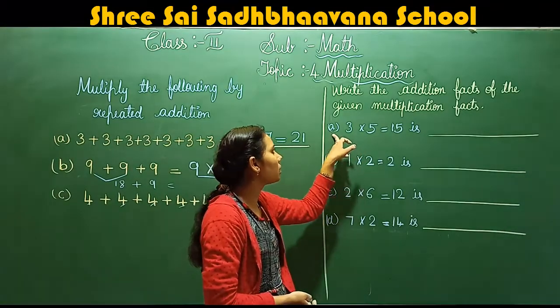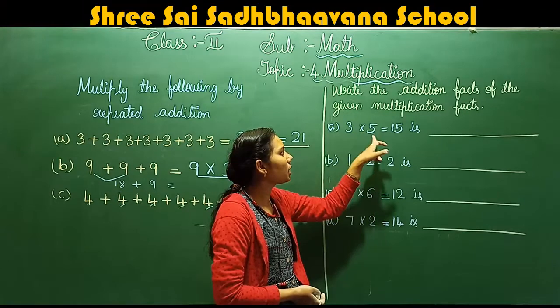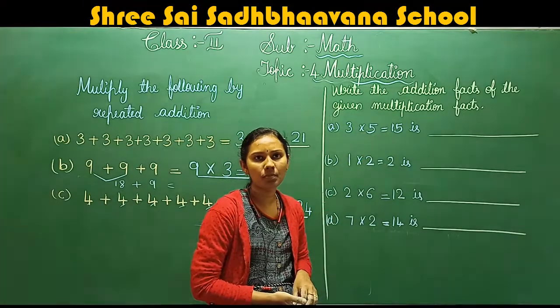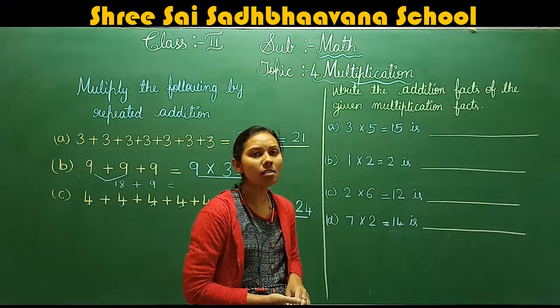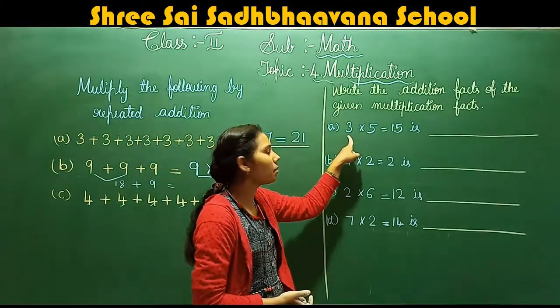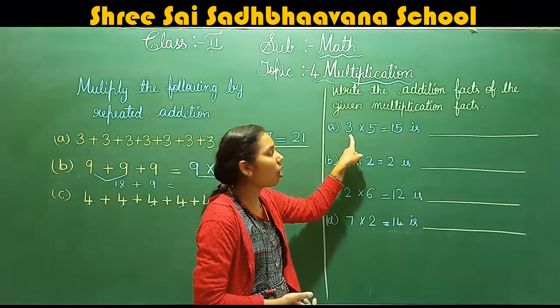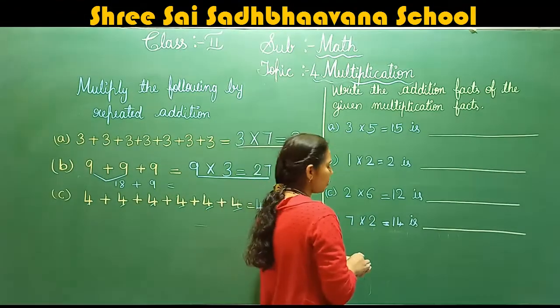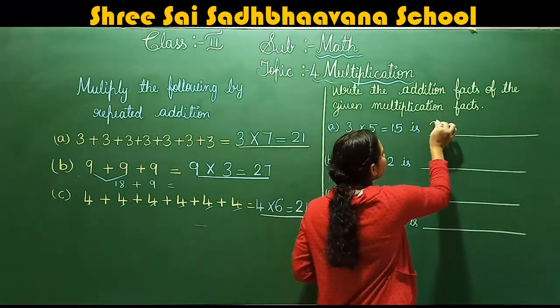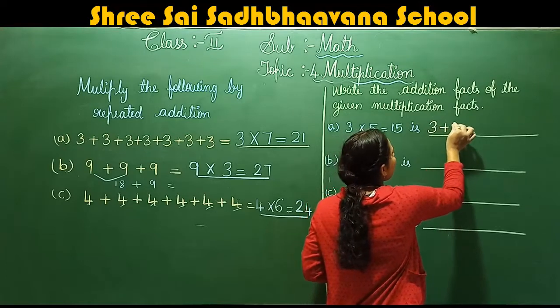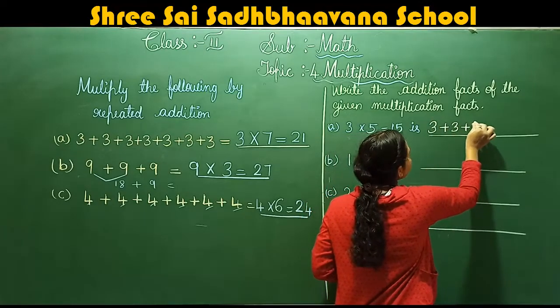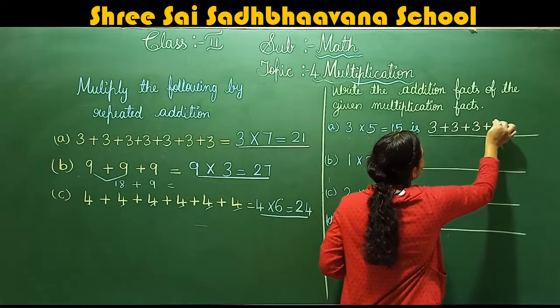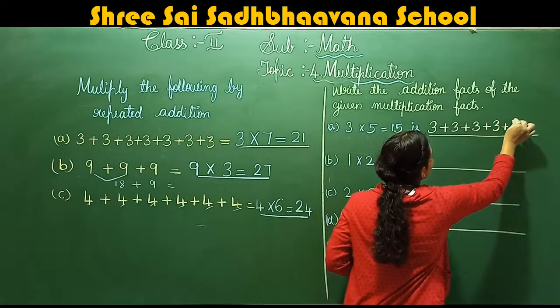Can you see the number here? That is A question. 3 fives are 15. So what number? 3. How many times is it repeated? 5 times. So we are going to write here 3 plus 3 plus 3 plus 3 plus 3.